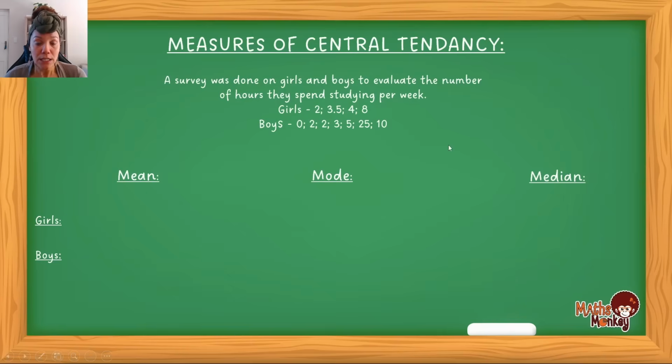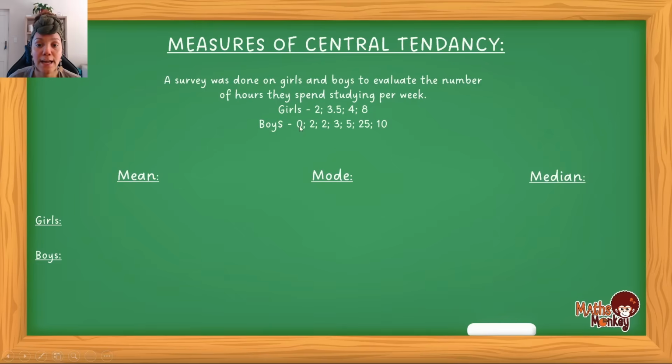Okay, so this example says, a survey was done on girls and boys to evaluate the number of hours they spend studying per week. The girls, this is the amount of hours: 2, 3.5 hours, 4, and 8. So this is 4 girls who have answered with the amount of time they spend studying per week.